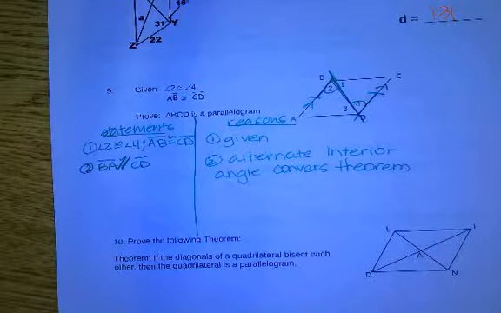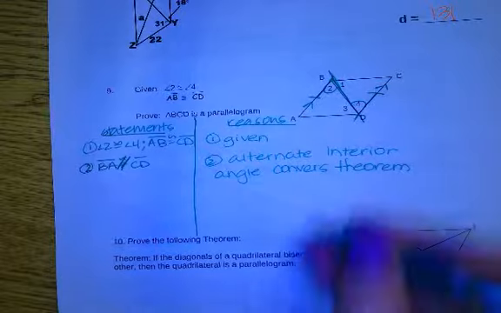So we worked one way one day, and then we did the converse the next day. If you have parallel lines, then you can prove alternate interior, alternate exterior, and all that good stuff. If you have those angle relationships, you can prove that the lines are parallel by the converse theorem. So yes, you'll need to know those things.